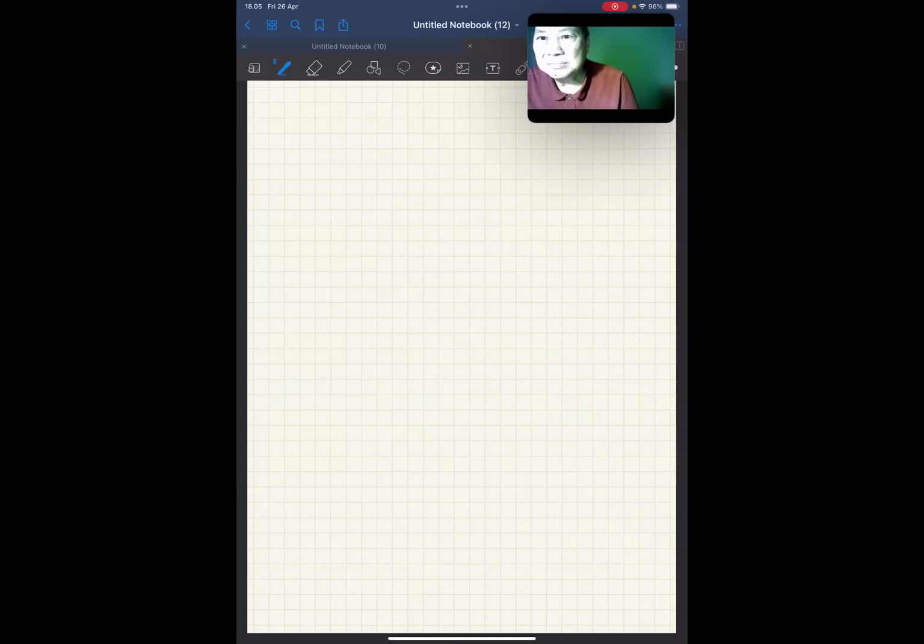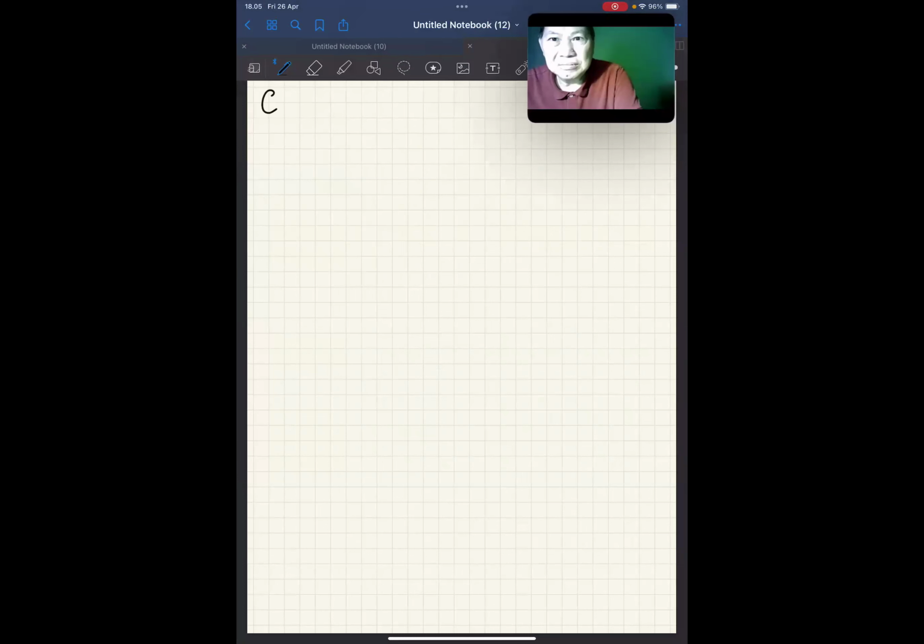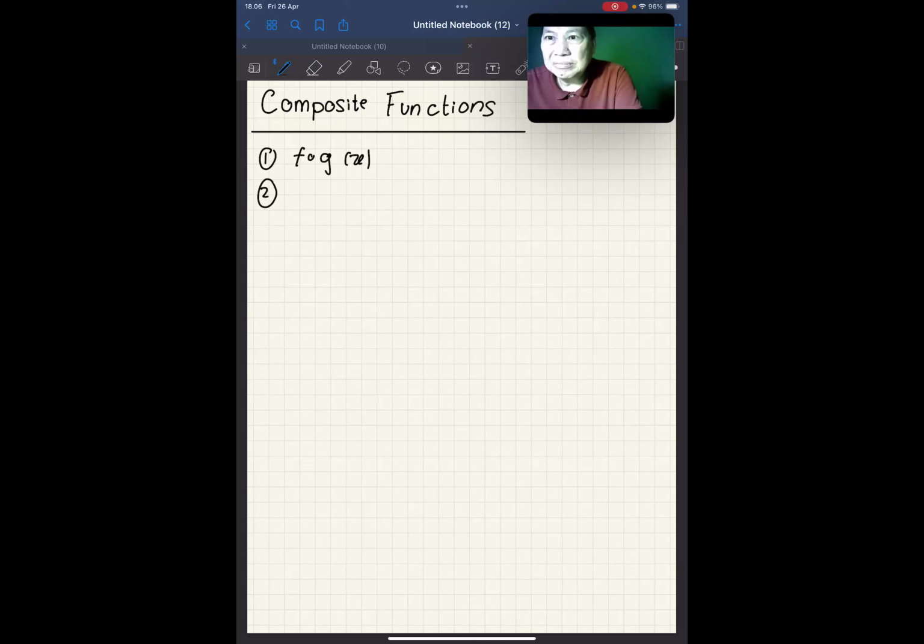For today's class, we're going to learn new material about composite functions. For composite functions, there are basically just two of them, f of g of x, and g of f of x.